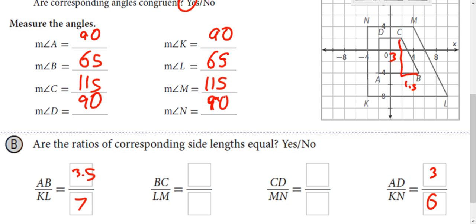So when you do Pythagorean theorem there to get the distance, 1.5 squared is 2.25 plus 3 squared, that's 9. So add that together, you get BC is about the square root of 11.25, which is about 3.35.